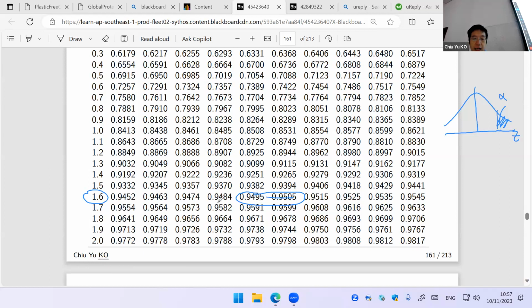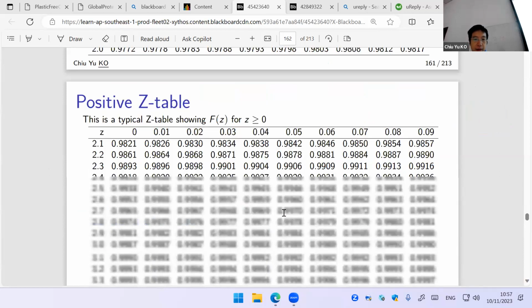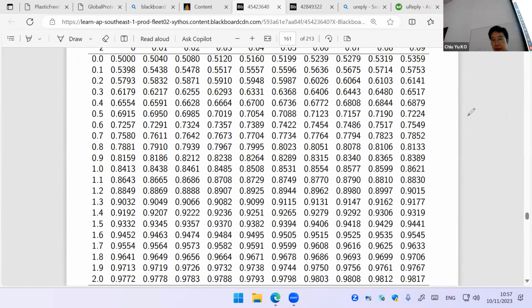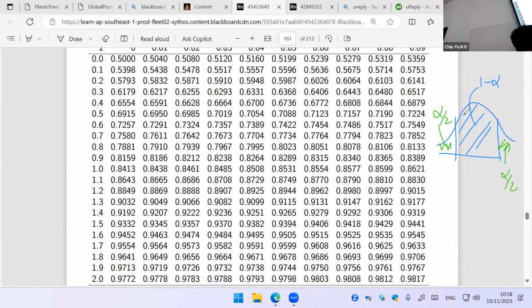And how do you get 1.96? We just saw, right? Remember, you want a two-sided test, right? You want 1 minus alpha here. That means this is alpha over 2 and this is alpha over 2. So alpha is 5%.